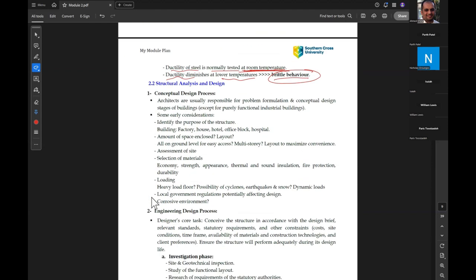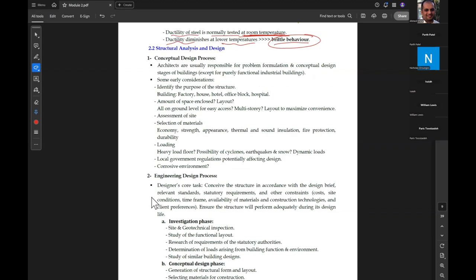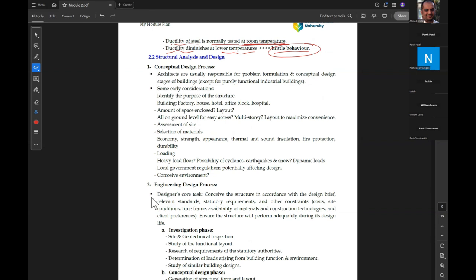The second part of our lecture is the structural analysis and design. For structural analysis and design, we have the conceptual design process. The architects are usually responsible for problem formulation and conceptual design of the building.